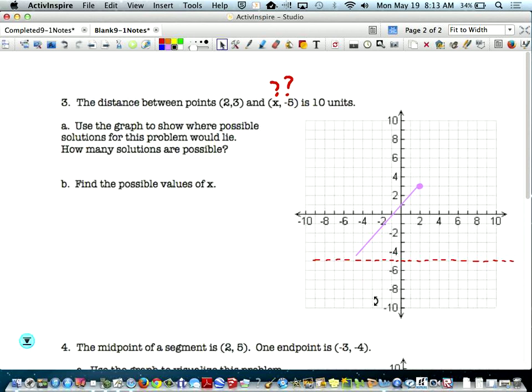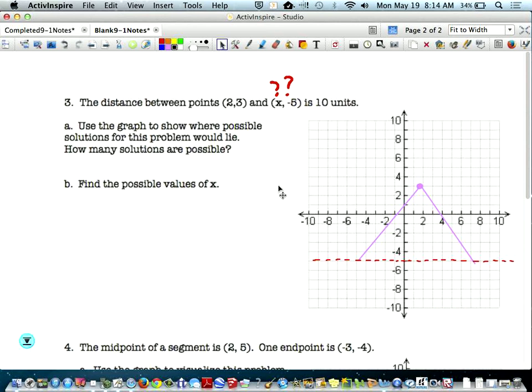Maybe a little bit more. So what I've done is I've drawn a line that's about 10 units long. Okay, and so that's the approximate visualization for you.